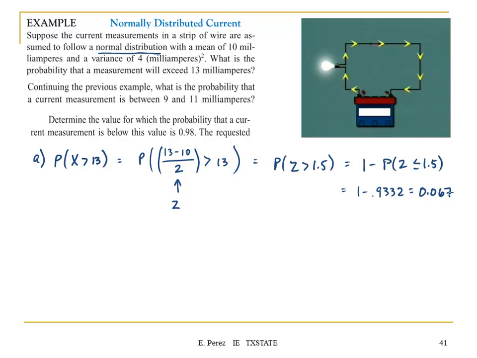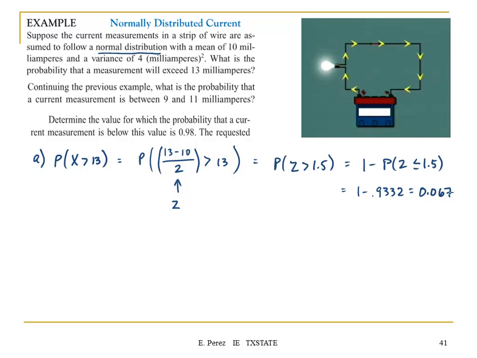So if you need to plan for a circuit and you need to know the probability of exceeding a current for your model, this is the type of analysis you will have to do. If you know that this probability is 6% for your design, if that is high, you will have to revise your design. If it is not high, then you can continue and focus on other parts of your design. Okay?